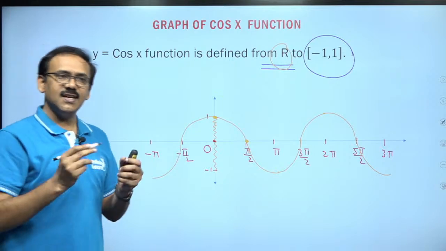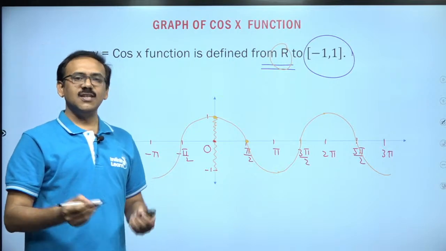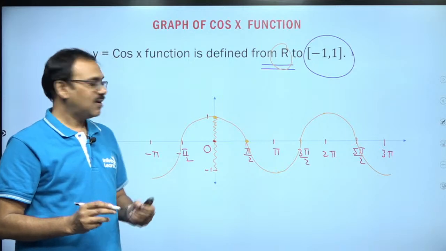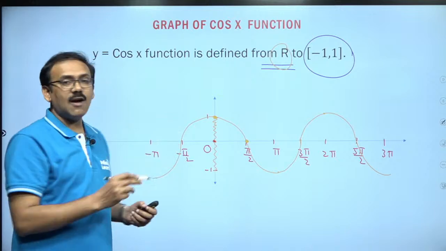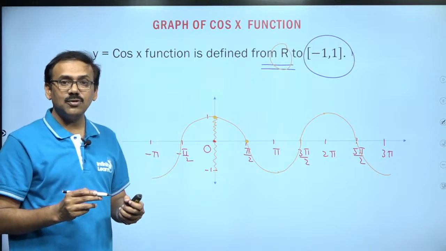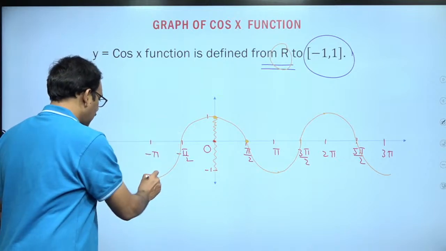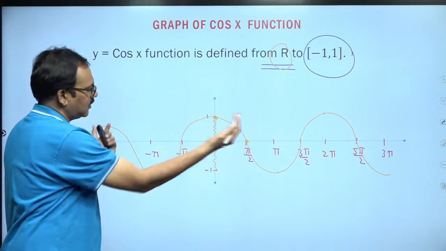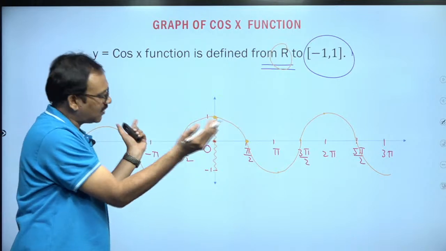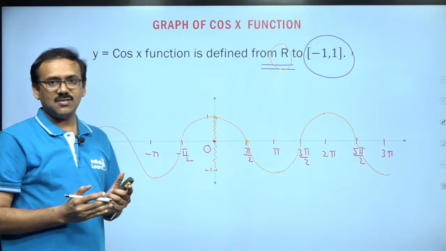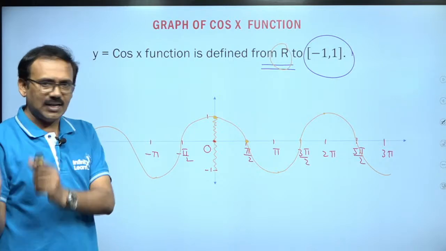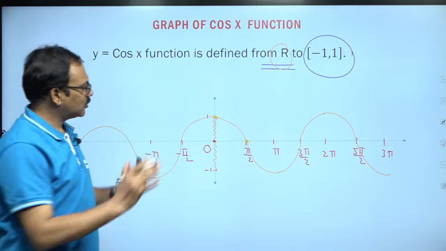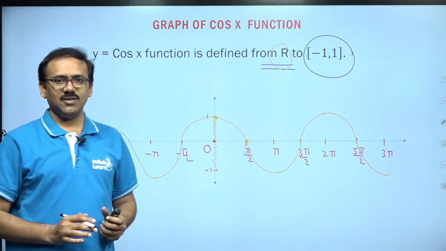Yes, it is also a smooth curve, it is also a continuous curve, and of course one important observation is that this graph is symmetric about the y axis, because if you fold about the y axis, the graph matches, because it is an even function. Fine, we will have that discussion some other time. So, this is the graph of the cos x function, right.